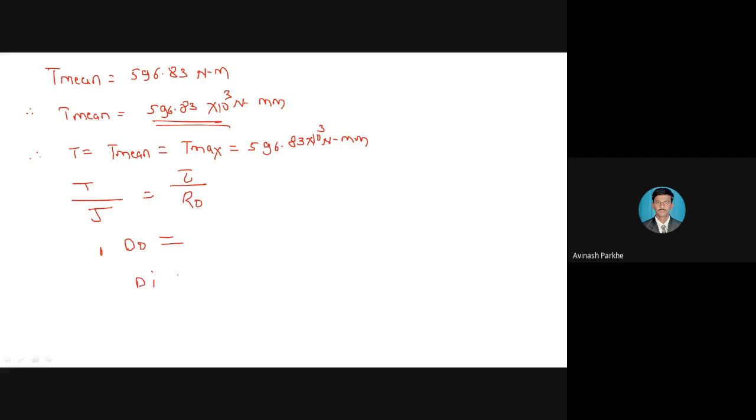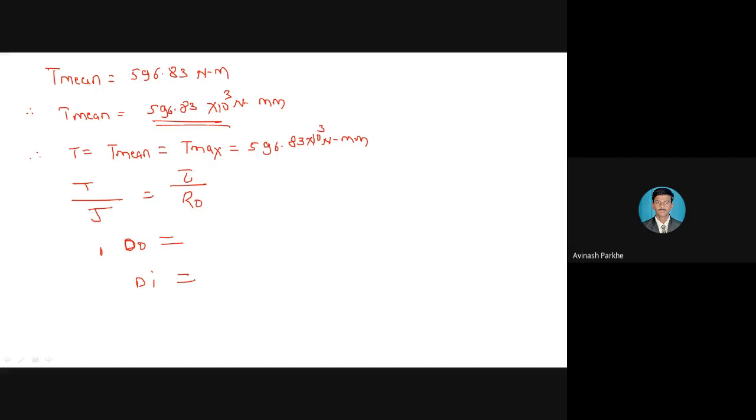And it is also possible to find out the internal diameter. Tell me the external diameter DO is equal to. 596.83 into 10 raised to 3 Newton mm.